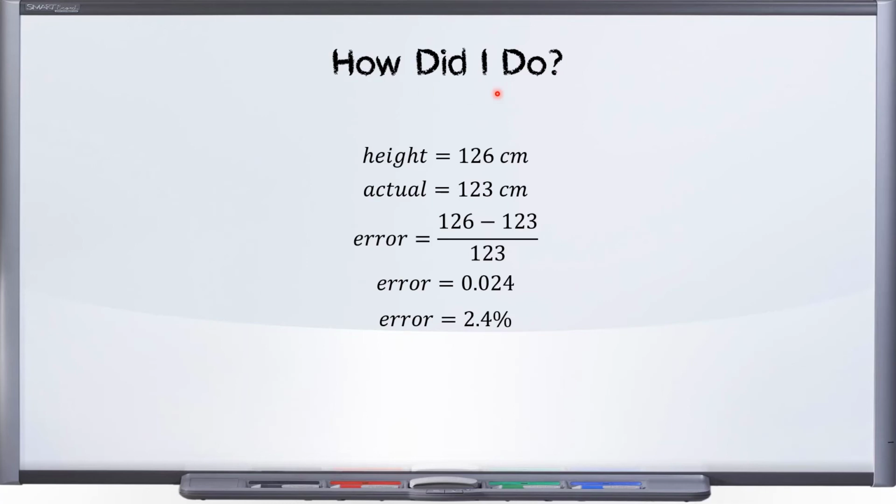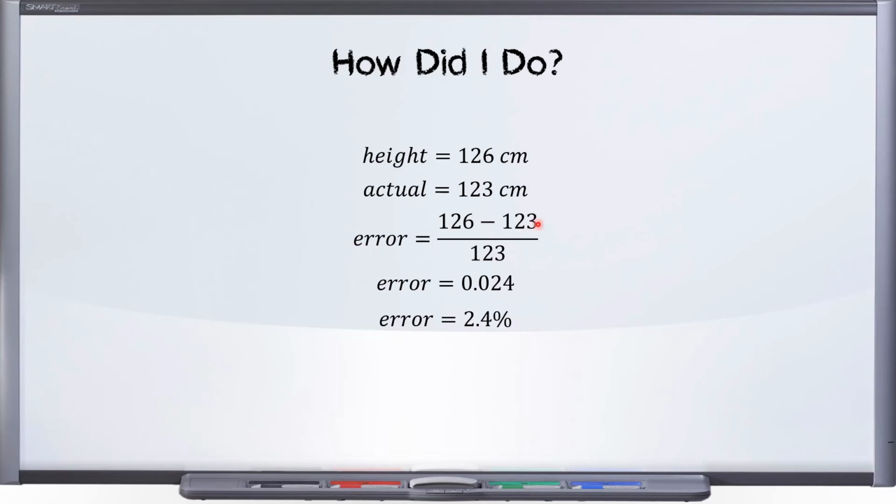So how did I do? That's the big question. I measured the height to the flashlight using that same tape measure, and I measured it at 123 centimeters. So it was not perfect. Some of my guesstimations were not dead on here. But how bad was it?